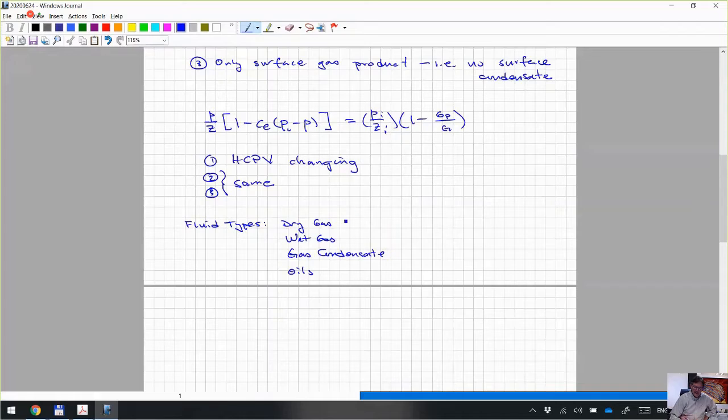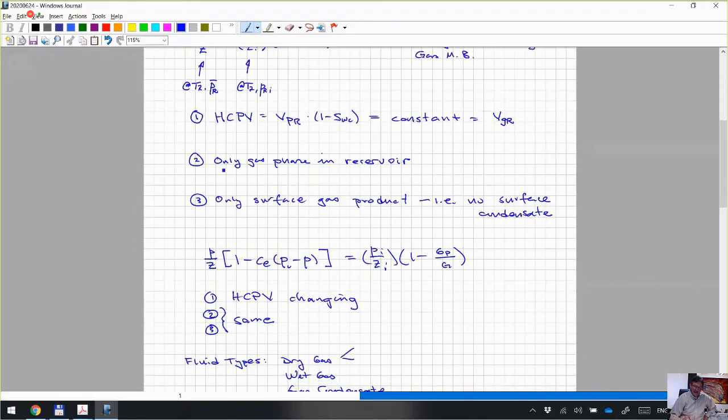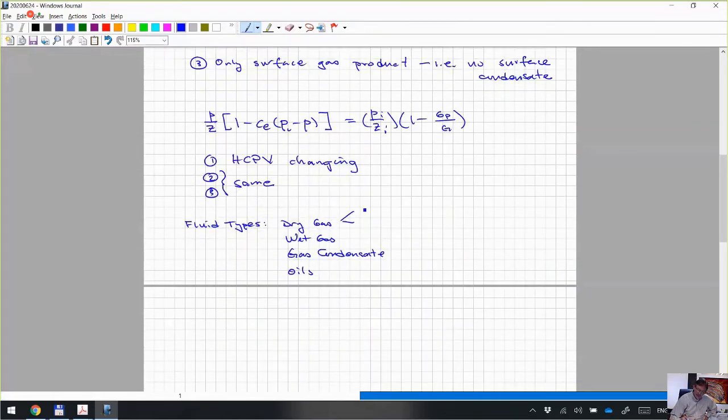So dry gas has the same two features that we're talking about here. There's only gas phase in the reservoir, and there's only a surface gas product. So 1, check mark, and 2, check mark.